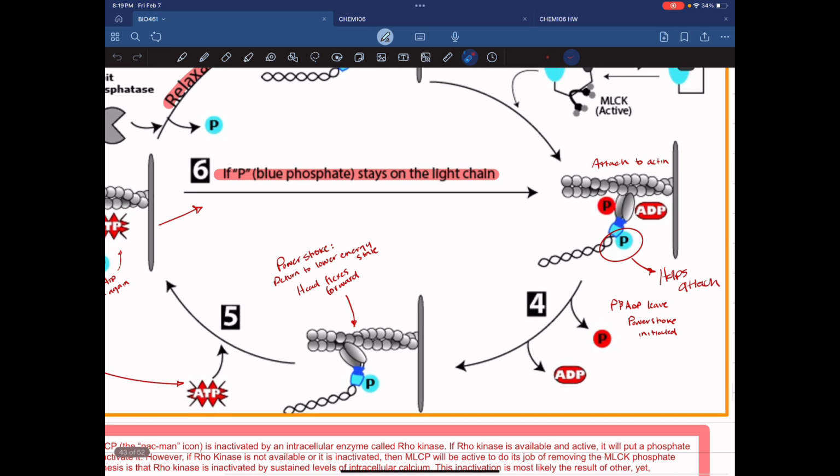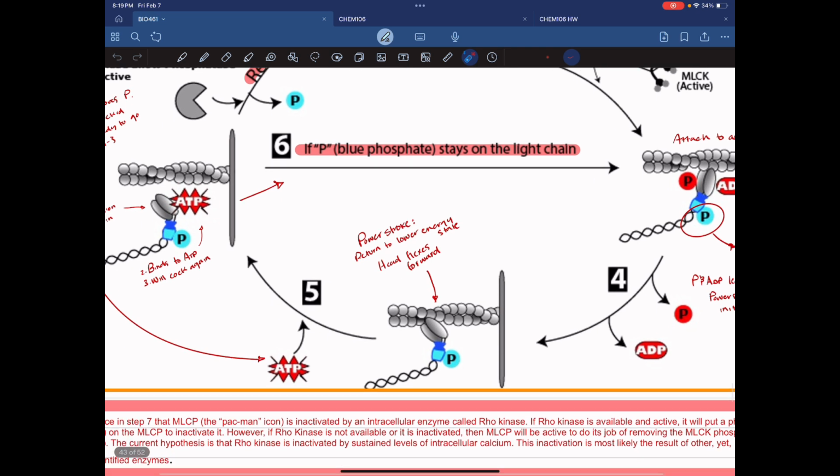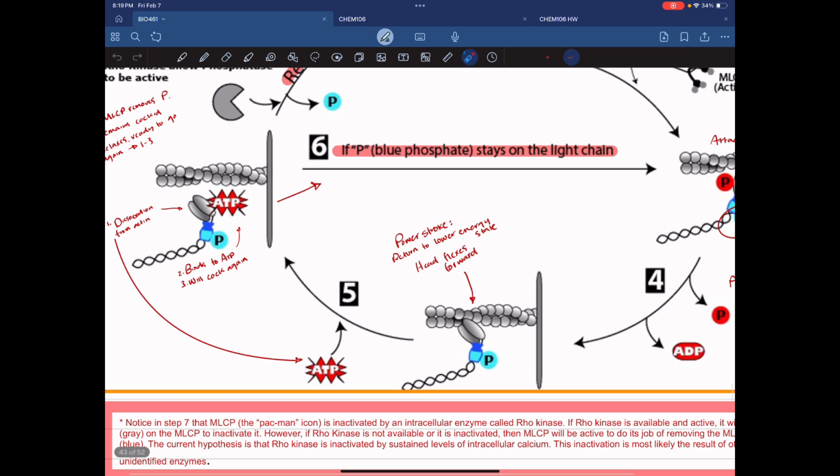In the next step, a phosphate and our ADP are going to leave, right here, step 4. And this is where our power stroke is initiated. If you notice, unlike in skeletal muscle, we still have a phosphate attached during our power stroke. This returns the myosin to a lower energy state, in its uncocked position right here.